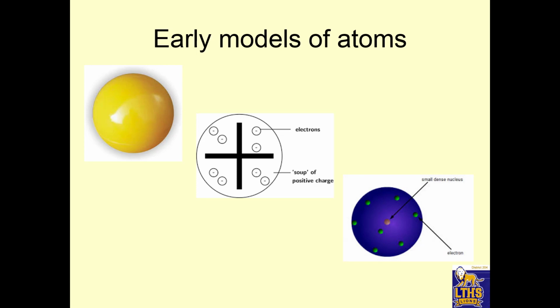At first, when this idea was proposed, it was proposed that atoms were just solid spheres, okay? And that those solid spheres of one kind of element were different than the spheres of another kind of element, okay? And so on for all the elements they knew about. Then, with some really fancy experiments, another model of the atom was proposed that had these negative parts to it called electrons, okay?